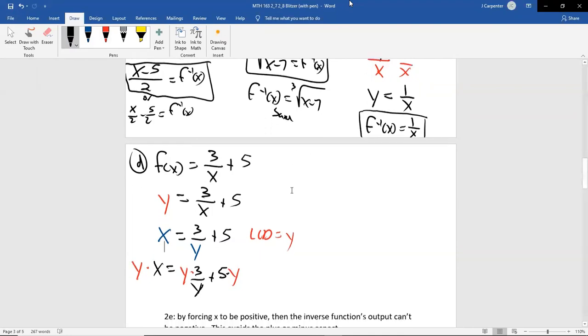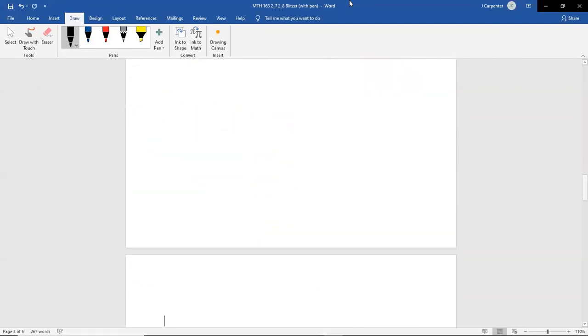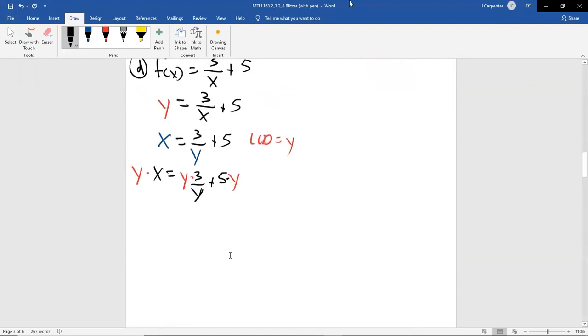Multiplication order is arbitrary. I still need more space. Why did we do that? Because those y's cancel and that was the goal. Again, you need to start thinking about the reasons we're doing things, not just arbitrarily doing them. That's not going to help you understand stuff. So you get xy equals 3 plus 5y.